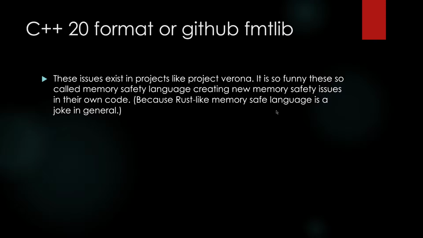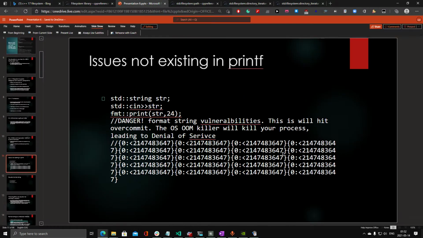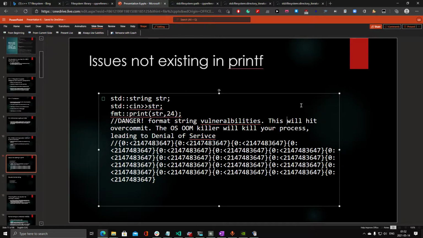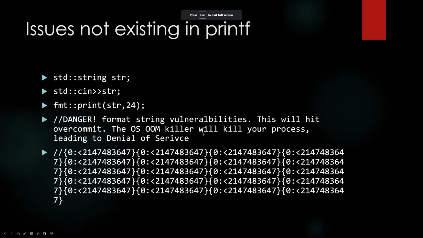I'm sorry. This will hit the overcommit mechanism, and the OS will just kill your process, leading to denial of service. It doesn't go through exceptions. Okay, this code won't go through exceptions.